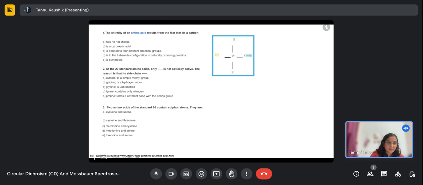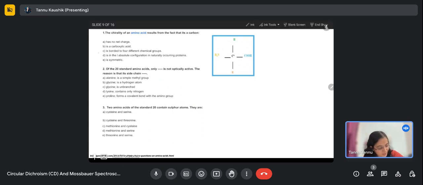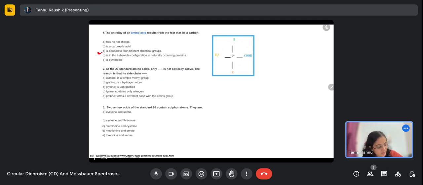The chirality of an amino acid results from the fact that its alpha carbon has no net charge, is a carboxylic acid, is bonded to... Yes, option C. We have already discussed when a molecule is said to be chiral. Whether it is an amino acid or any other molecule, we just have to find the chiral center, and the carbon atom should have four different substituents on it. So the right answer is C.